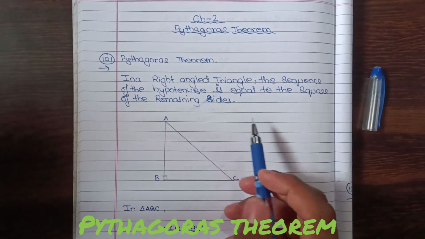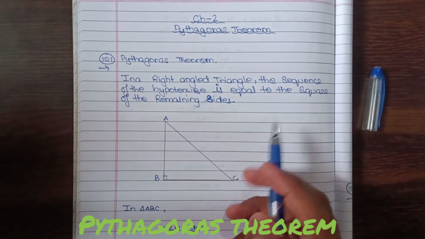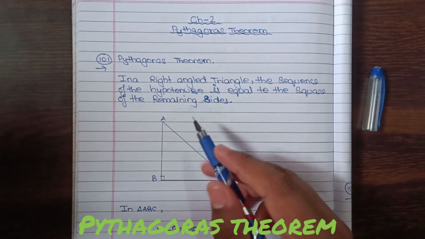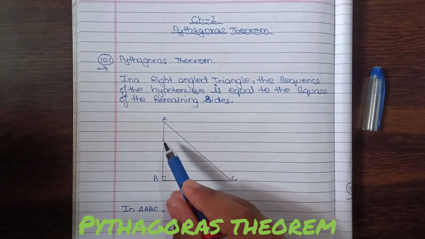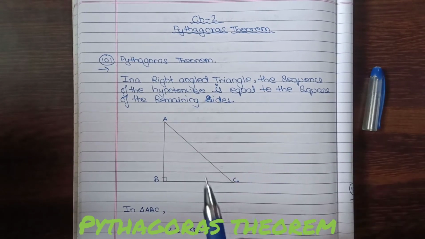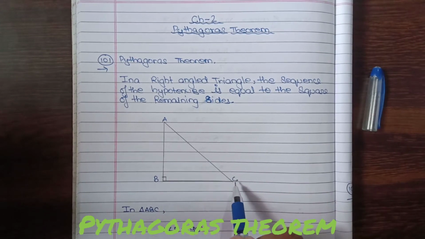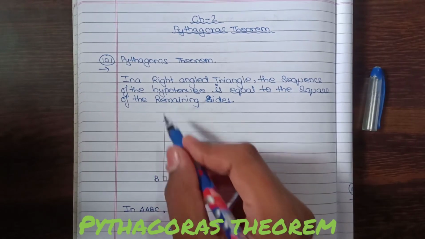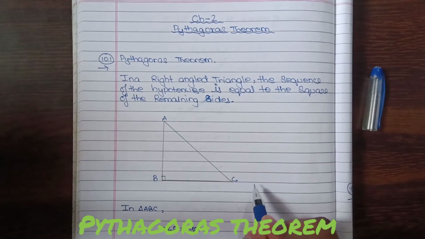What is given here is that the square of the hypotenuse is equal to the sum of the squares of the remaining sides, which means that AC square equals AB square plus BC square. It means that the square of the total measure of AC equals the square of the total measure of AB plus the square of the total measure of BC.